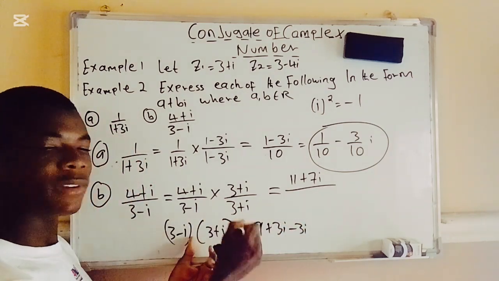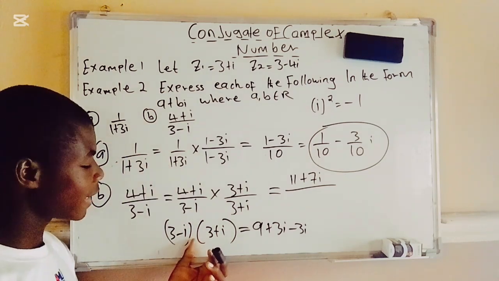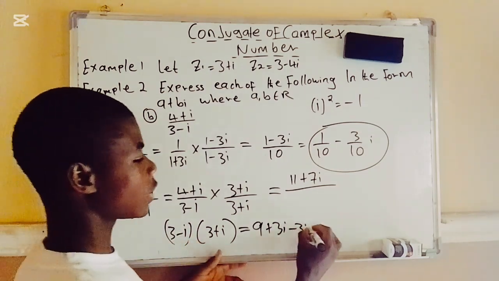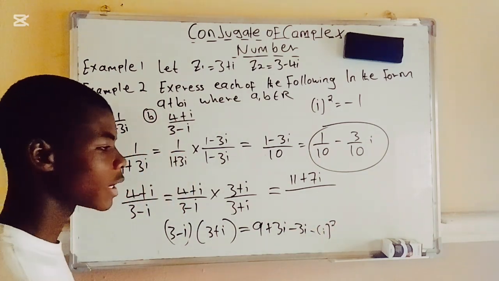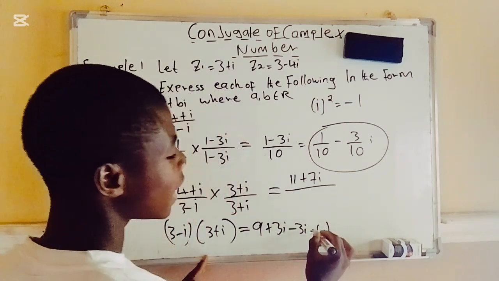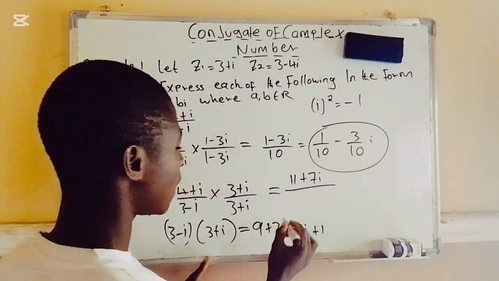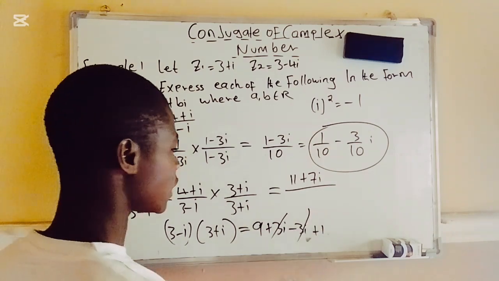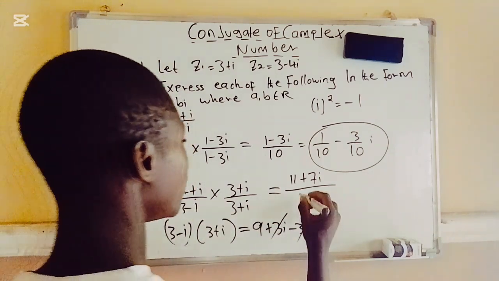And negative i multiplied by positive i gives minus i squared. i squared is the same thing as negative 1, so we have minus negative 1. Negative, negative gives positive, so we have plus 1. Plus 3i minus 3i is 0. 9 plus 1 gives 10.